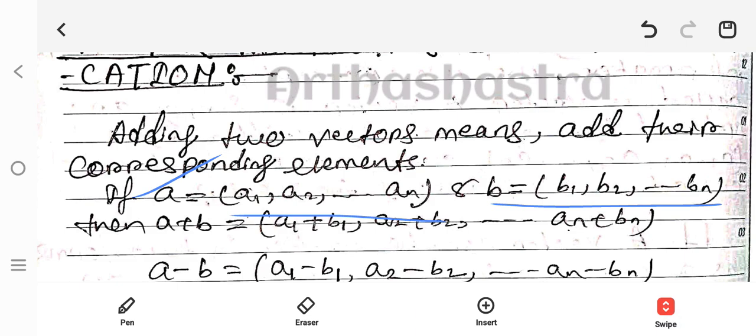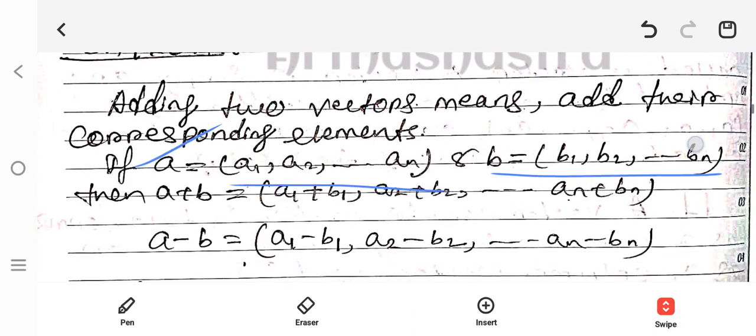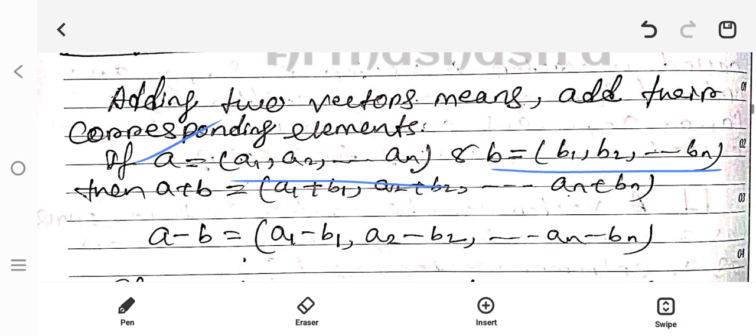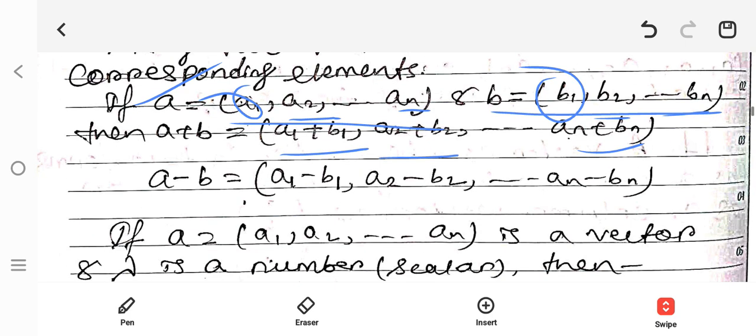Then the addition A plus B will be just adding the corresponding elements: a1 plus b1, then a2 plus b2, and so on up to an plus bn, right? And for subtraction, the rule is the same. Just subtract the corresponding elements: a1 minus b1, a2 minus b2, and up to an minus bn, right?